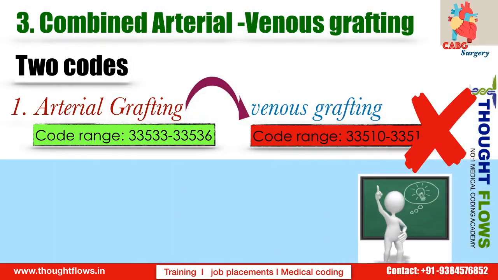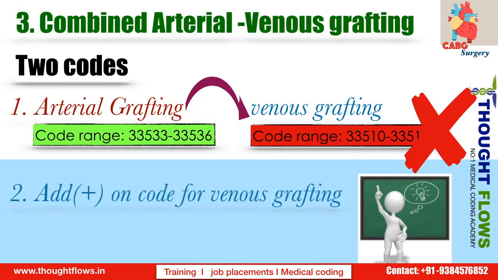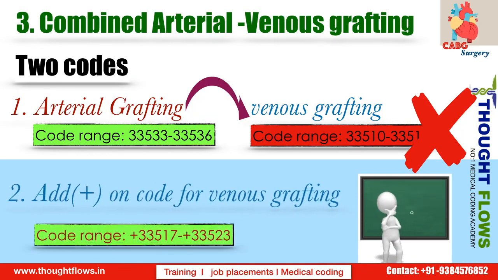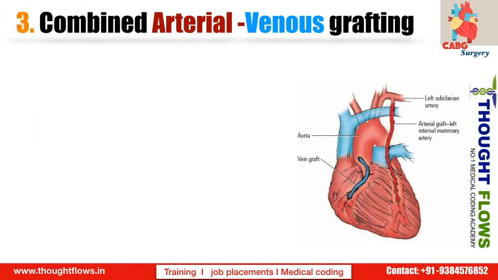Instead, we have to use add-on codes, and the code ranges from 33517 to 33523. That means for the arterial grafts, we have to use primary codes, and for the venous grafts, we have to use add-on codes. According to the number of veins used, we are having separate codes.